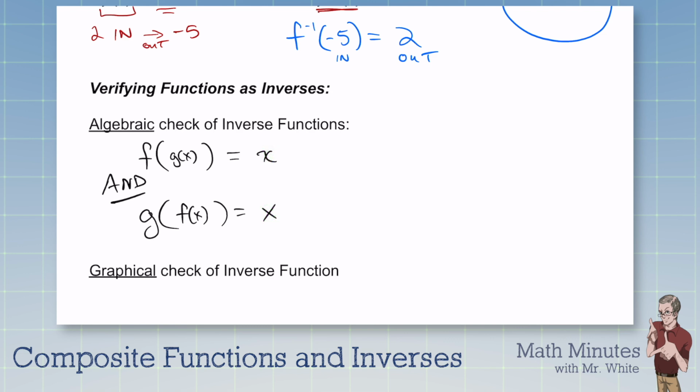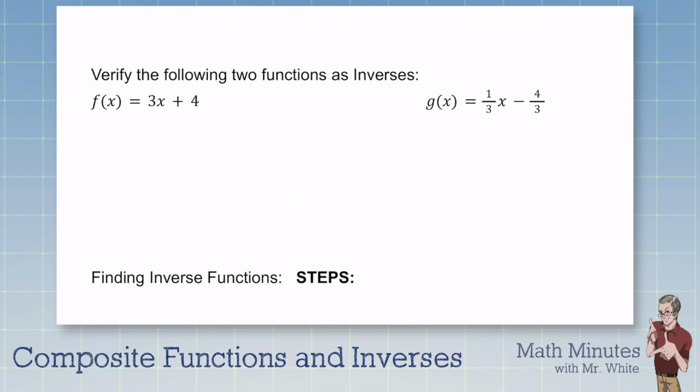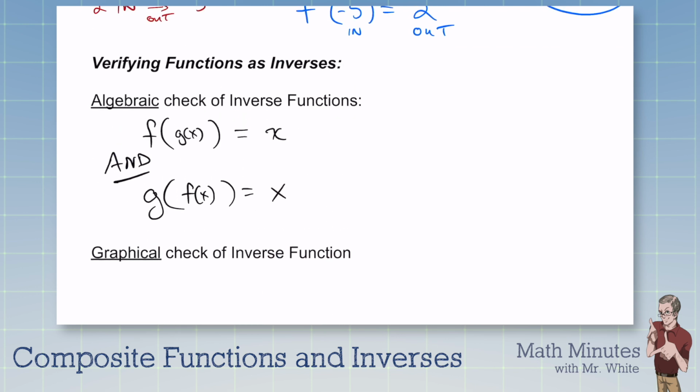So down here, we're going to do a problem in a moment where it says, verify that these two are inverses. You see how I gave you f and I gave you g. All right, this says verify because they are inverses, by the way. It wants you to check, or confirm, that they are. And we're going to do f of g and g of f here in a second.